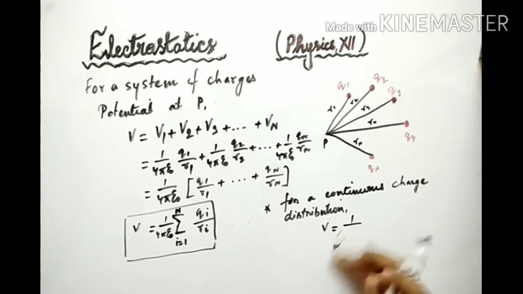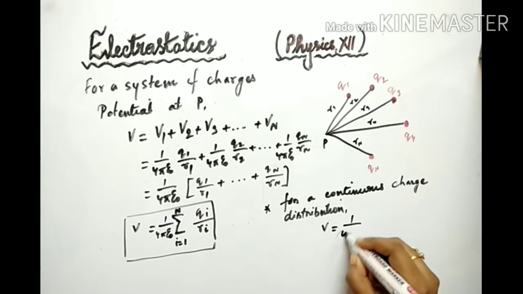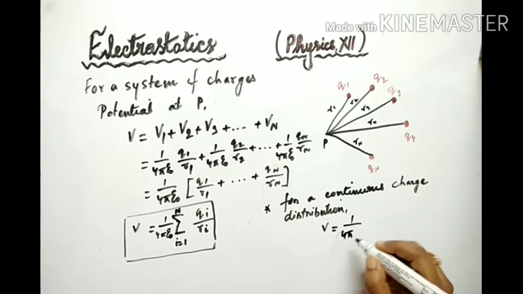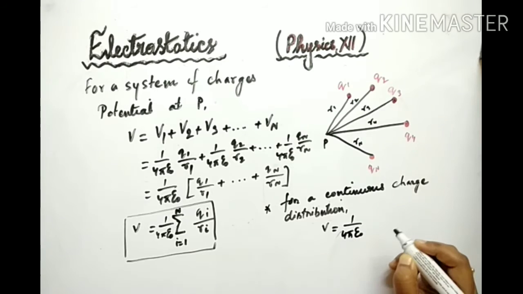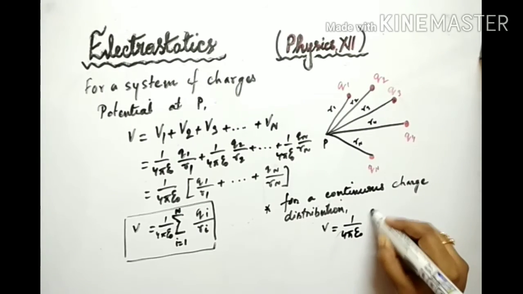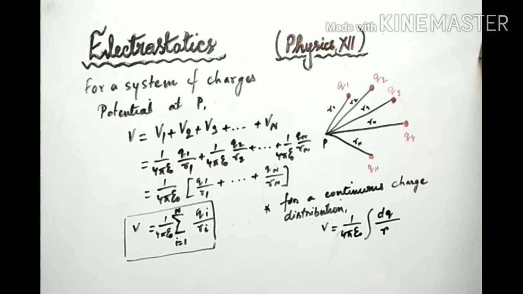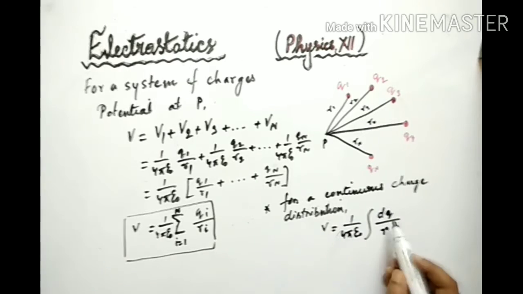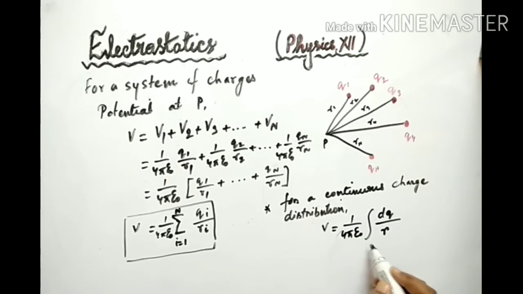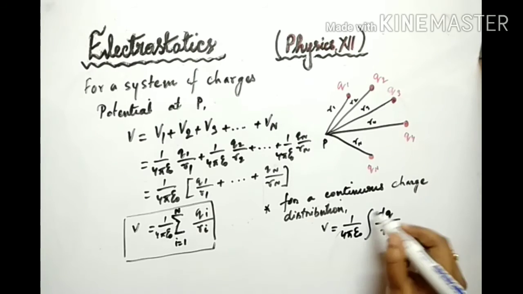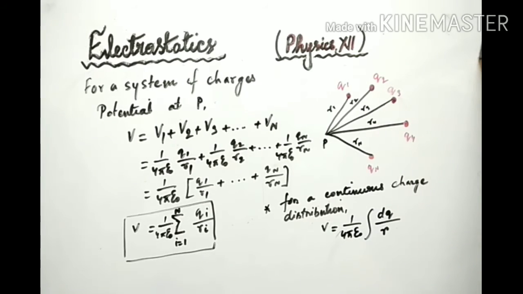We have read it in the previous chapter of electrostatics, in the first chapter of electrostatics, and electric potential and capacitance in the second chapter. So we can write this in this manner, where Q has been replaced by dq, R is R only, and here we have replaced the summation by the integration sign.